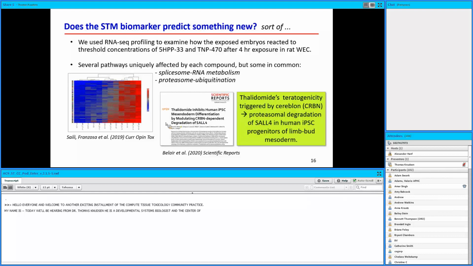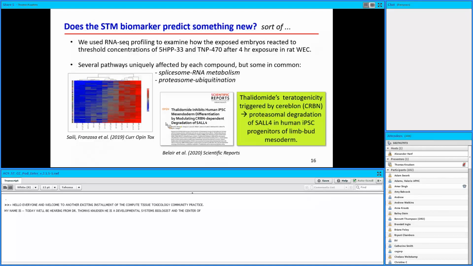And this is interesting. One of our former postdocs who went on to Celgene did some beautiful work that they just published on thalidomide effects on human induced pluripotent stem cell lines, looking at mesodermal and endodermal differentiation.